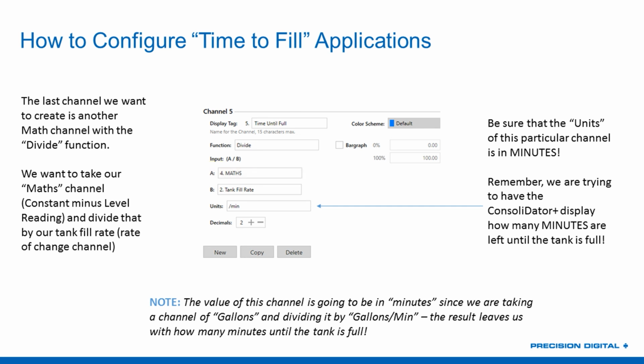And the answer we get is actually minutes, okay? Because basically we're taking gallons and dividing by gallons per minute. Gallons cancel each other out because they're the same unit of measure, and we're left with an answer that's in minutes. And it's really, really cool.